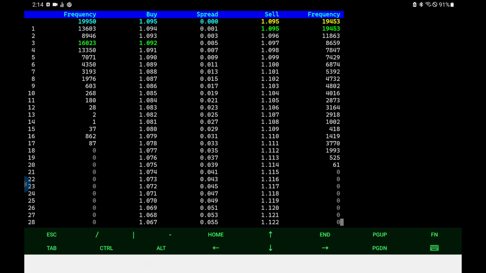For example, when we look at the frequency table, we can see here where price has been consistently, and then when it starts dropping off. These are important considerations because this tells you that the highest reasonable price within a block has been at the 1.096 range.